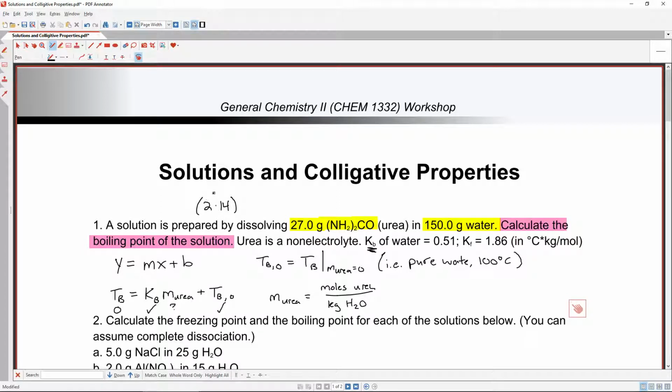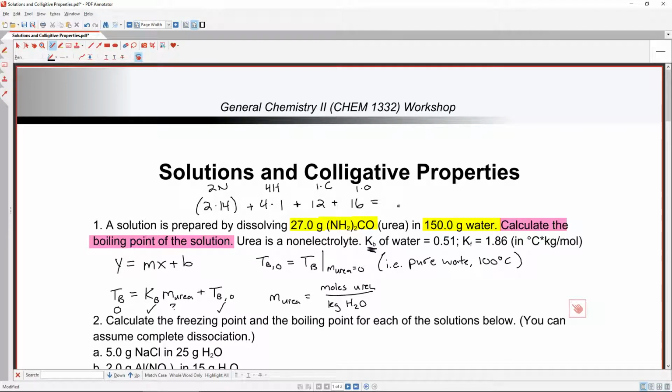I'm going to add that to the 4 hydrogens, and hydrogen has a molar mass of 1. I'm going to add that to the 1 carbon, molar mass of carbon is 12. I'm going to add that to the molar mass of the 1 oxygen, which is 16.